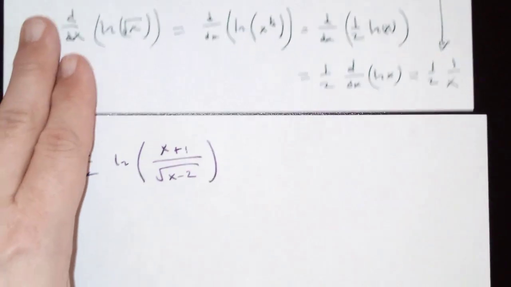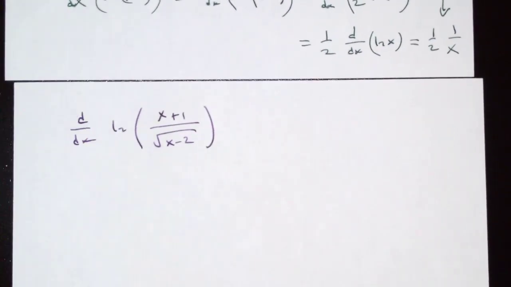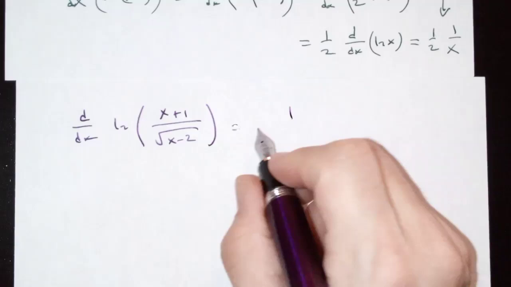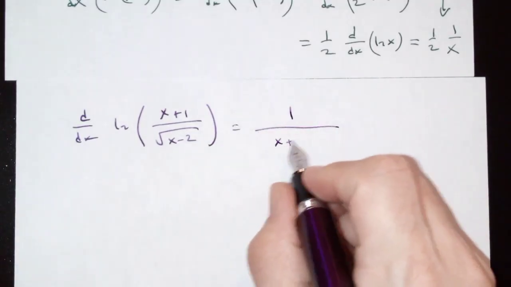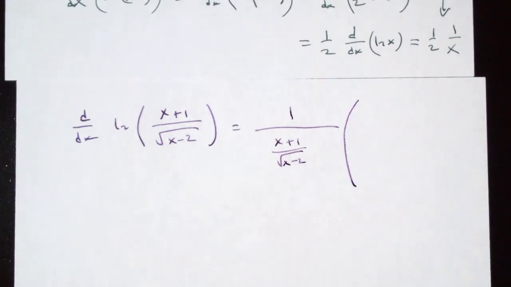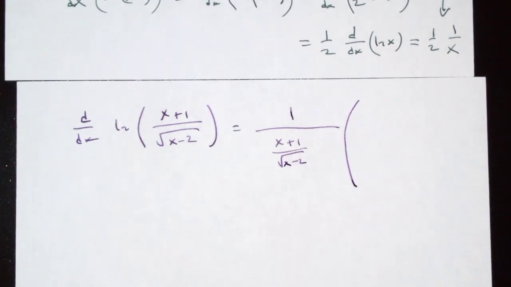But if I want to use the chain rule, I'm going to say, oh, it's derivative of ln of stuff. So what I'm going to do is I'm going to take 1 over stuff. But wait, there's more. And here's where things start to go to hell in a handbasket. Because if I want to take the derivative of the stuff, I need the quotient rule, right? But look at the bottom of that quotient.